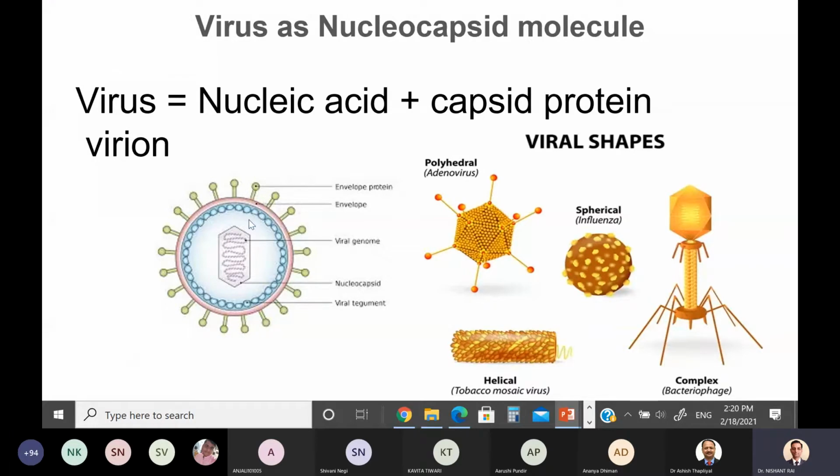Likewise here, the virus is composed of only two things, nucleic acid and capsid protein. So this nucleic acid is enveloped by a protein coat, which is composed of units called capsomers. These capsomers arrange themselves to give a definite shape to the virus.